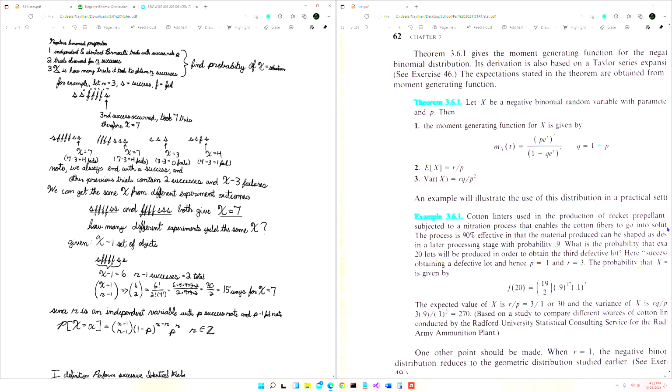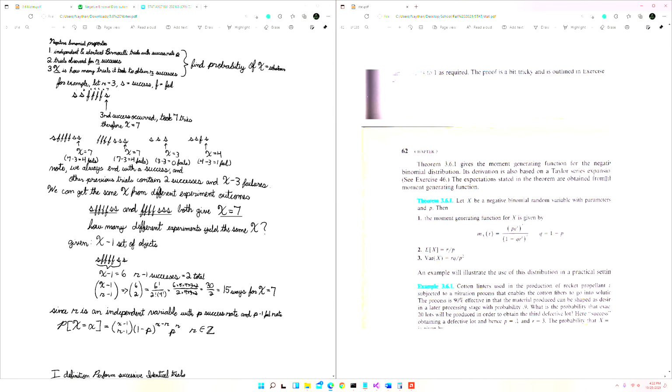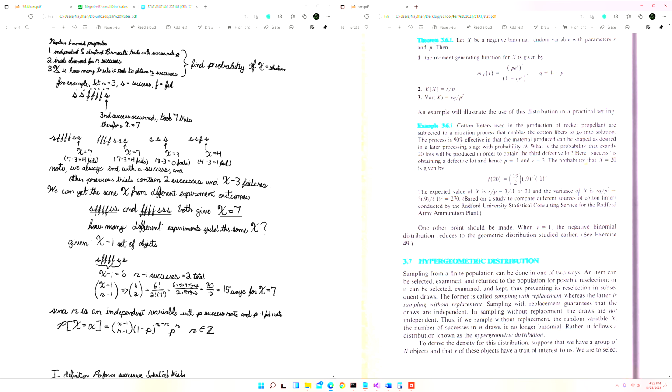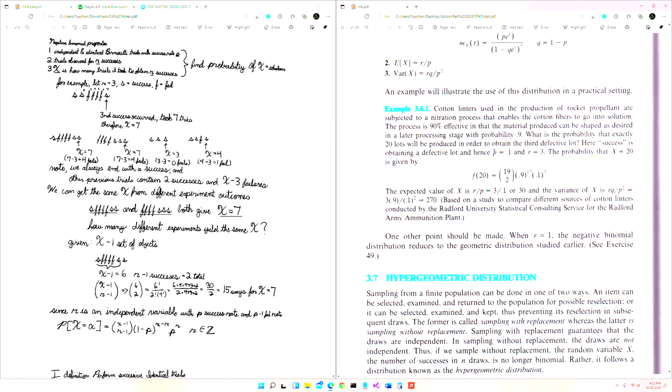So for example, over here in this problem they explained it. They said that p equals 0.1 because in the problem they state that the process has a 90% rate of success. So we're trying to find the rate of failures.